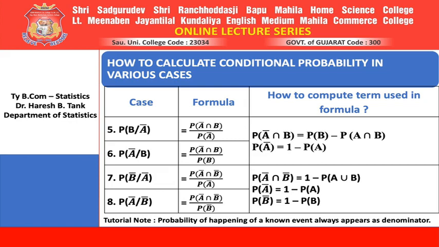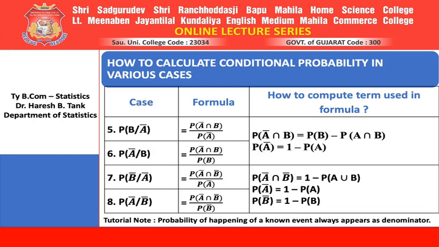That means again it is probability of A complement intersection B divided by probability of B. Now in this case we may need probability of A complement intersection B. From that tabulated form or matrix form or from a Venn diagrammatic form, one can get probability of A complement intersection B as probability of B minus probability of A intersection B, and probability of A complement is nothing but 1 minus probability of A. It is that simple.